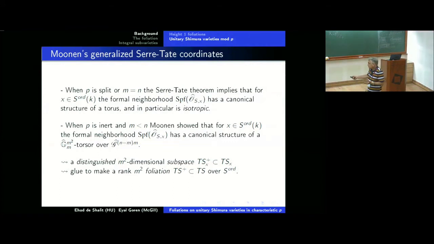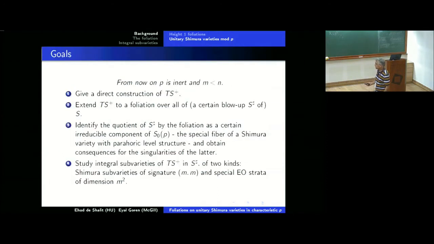I didn't show it, but this thing that is done at every geometric point, little x, can be glued to give you a foliation. It varies algebraically. It's a subbundle, locally a direct summand, and it is closed under Lie brackets and p-th powers. This is what I call TS plus. But now I'm going to give a new construction.